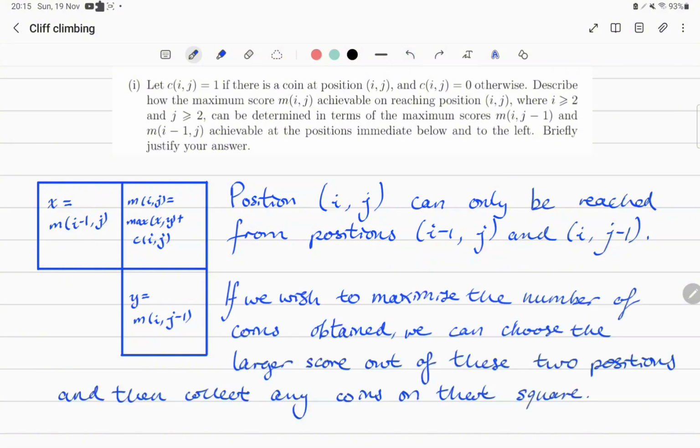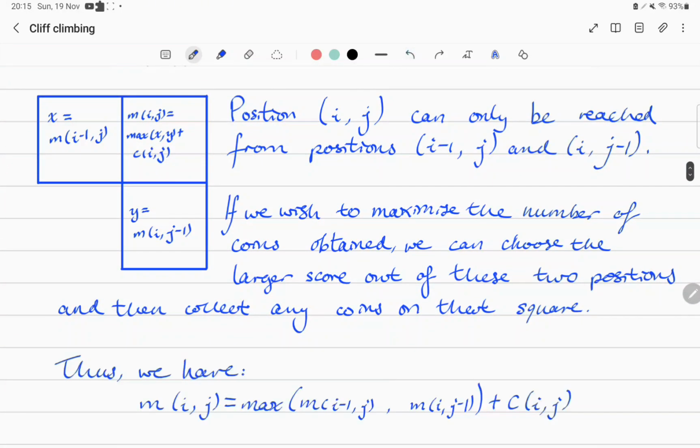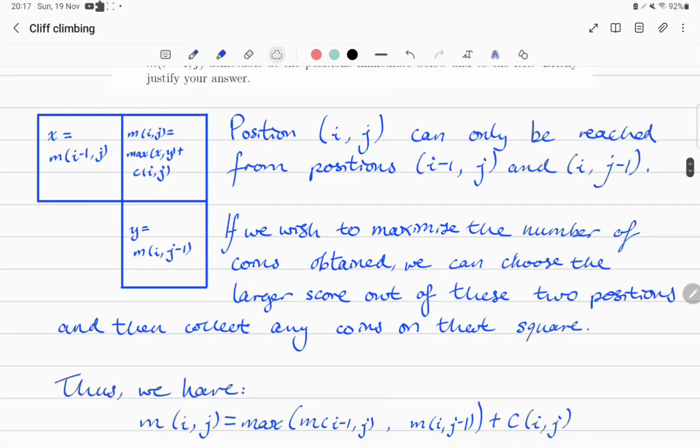If we wish to maximise the number of coins obtained at IJ, we can choose the larger score out of these two positions and then collect any coins on that square. This, of course, leads us to conclude that M of IJ is the maximum of M of I minus 1 and J, or M of I and J minus 1, plus C of IJ. And that's part 1 done. Let's move on to part 2.